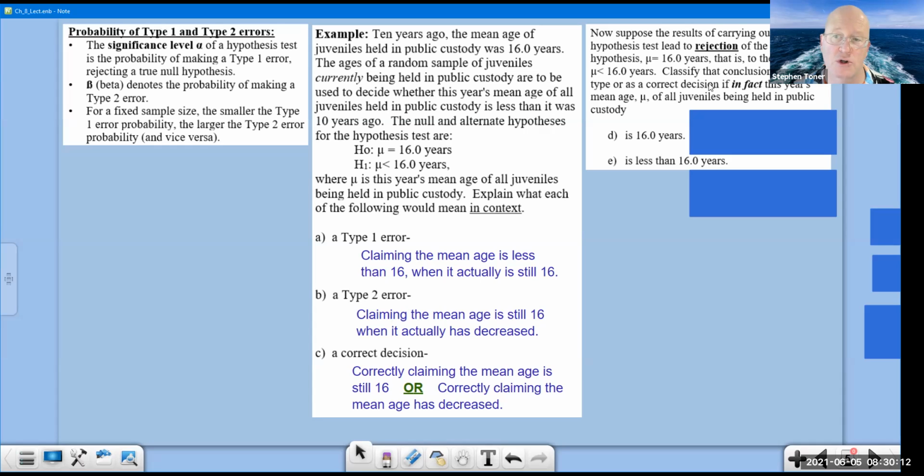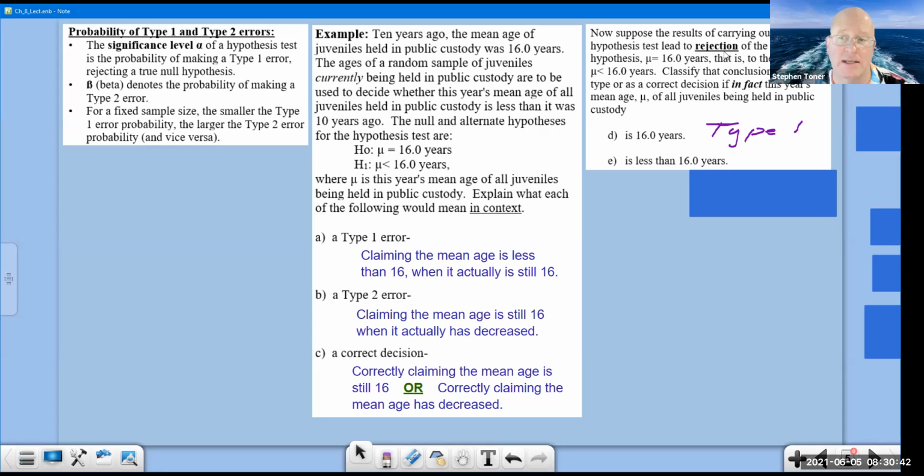Classify that conclusion by error type, or as a correct decision, if in fact this year's mean age mu of all juveniles being held in public custody is, in part D, 16 years old. We rejected the 16. We went with the less than. Oops, it was 16. That is a mistake. And because we rejected H0, that is a type 1 error.